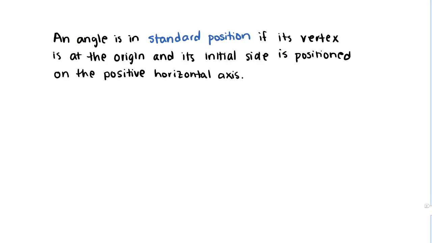So still some more terminology to go over. An angle is in standard position if its vertex is at the origin and its initial side is positioned on the positive horizontal axis. Imagine something like this is not in standard position.